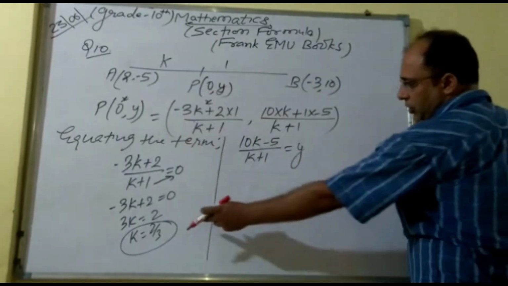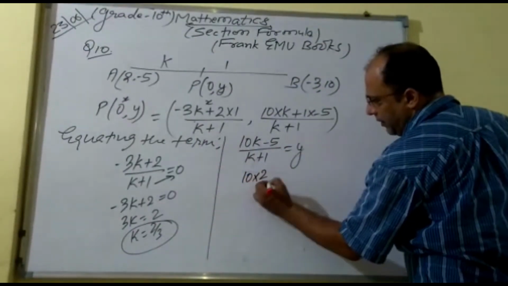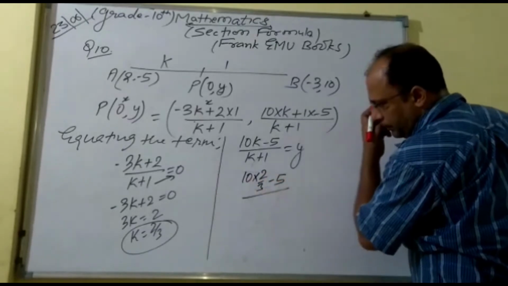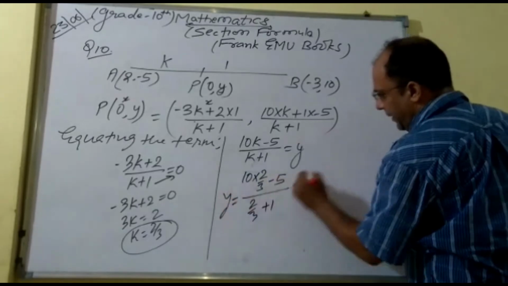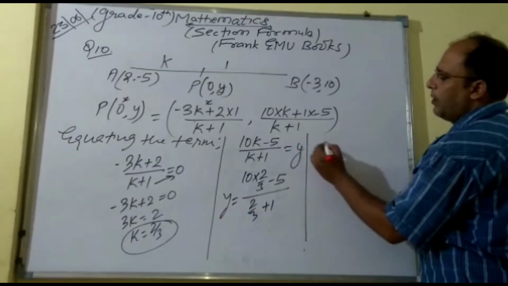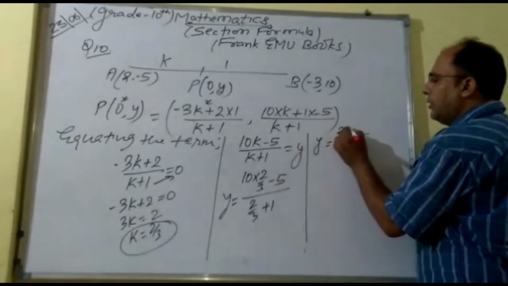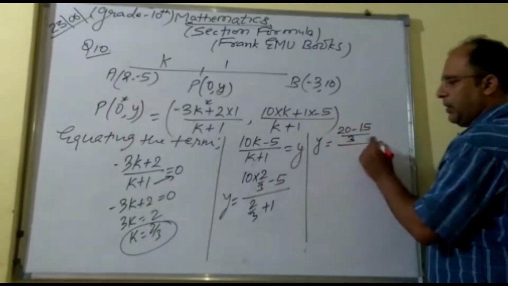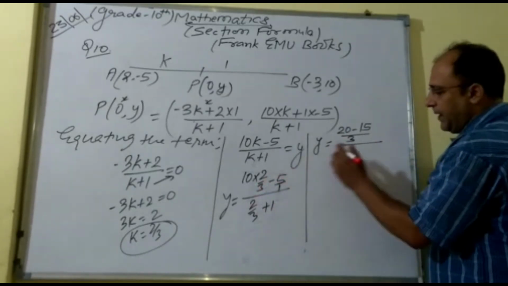How much is it? Substitute the value of k here. So 10 into 2 by 3 minus 5, upon 2 by 3 plus 1, that's equal to y. On more solving, 20 LCM. Directly I am doing 20 minus 15, because 3 fives are 15.